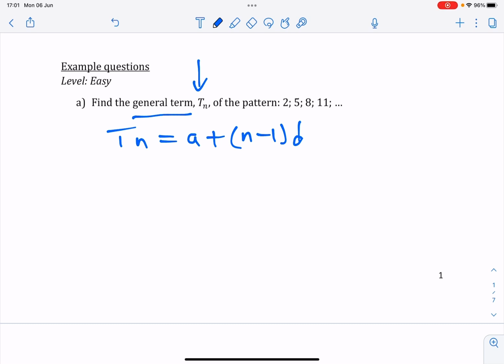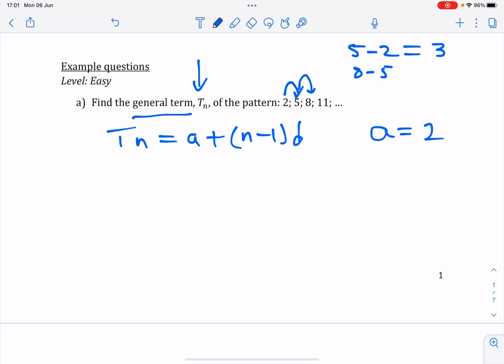The a value here corresponds to our first term, which is 2. To get from 2 to 5, or from 5 to 8, we can do a little sum. 5 minus 2 is equal to 3, and 8 minus 5 is equal to 3. So our d value is equal to 3. We're adding 3 each time to get to the next term.